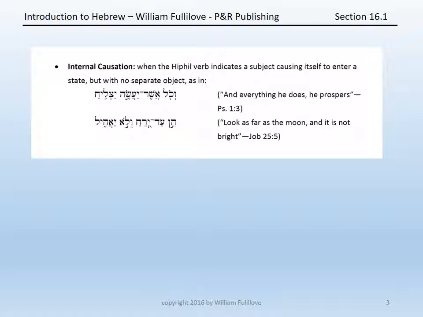So first, v'kol, and anything, asher, the relative pronoun which, ya'aseh, this is a Qal verb, Qal imperfect, third masculine singular of the root ayin, sin, he, a type of root that we'll discuss later in the grammar, and everything which he does.